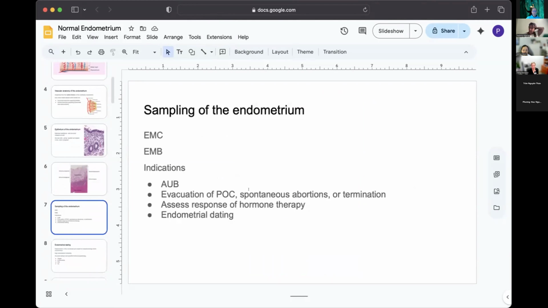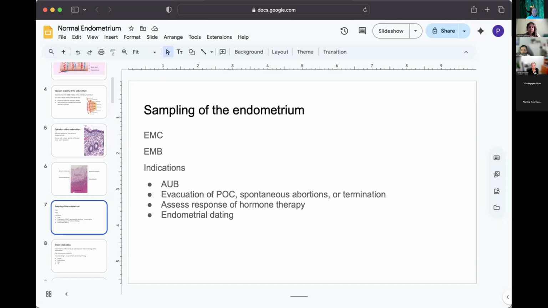So we can sample the endometrium in a lot of different ways. We can do curettage, we can do biopsies, sometimes even polypectomies if there's a polyp, just to remove that. And the indications are numerous. The most common that we see are abnormal uterine bleeding or postmenopausal bleeding, sometimes it's called.